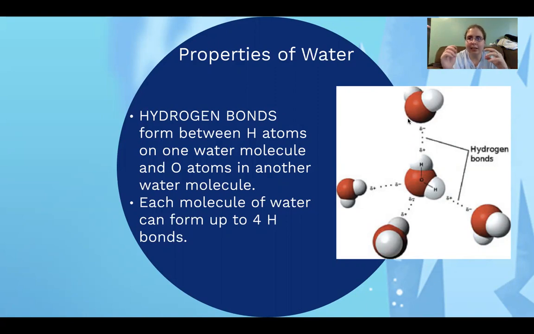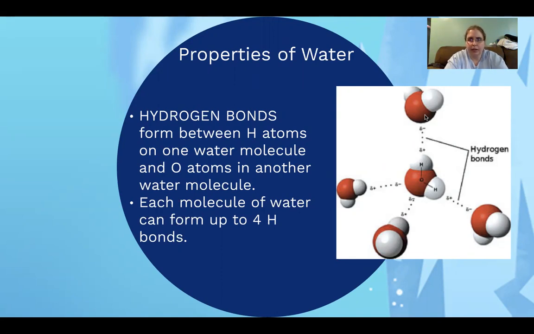Now this slight attraction is strong enough to form a bond. We call this a hydrogen bond because it involves a hydrogen and another atom. In terms of water, these hydrogen bonds are formed between the hydrogen atom of one water molecule, like you can see here, and the oxygen atom of another water molecule.